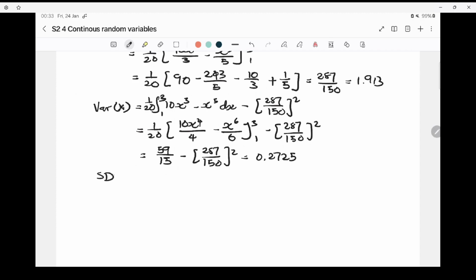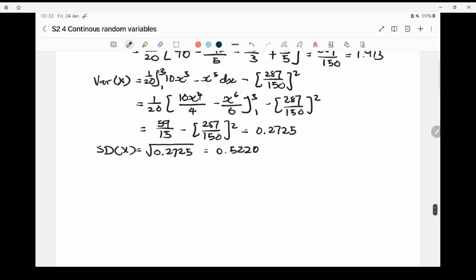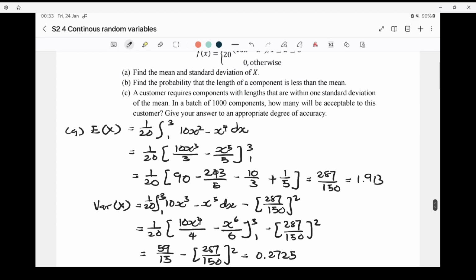So standard deviation will be the square root of that. So you should be able to get 0.5220 if you put it for 4 decimals. So that's your mean and standard deviation.